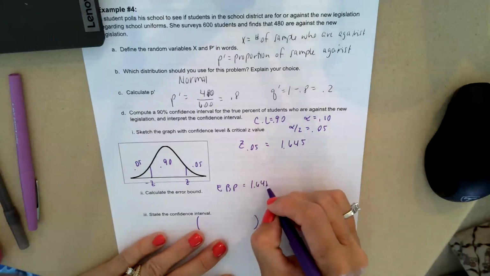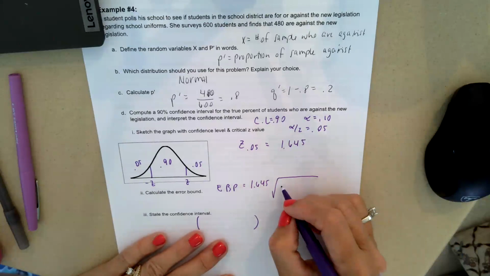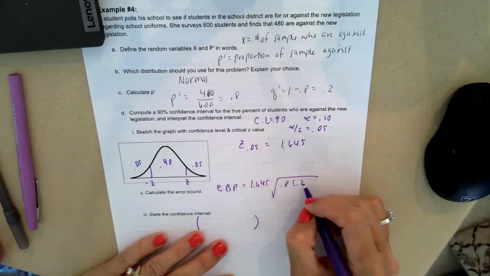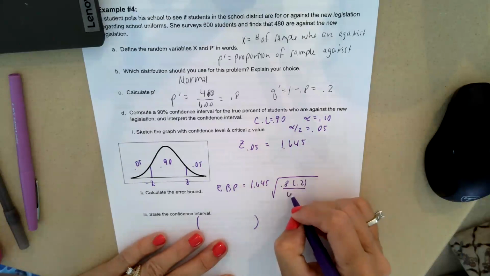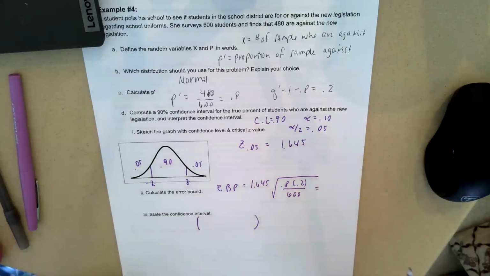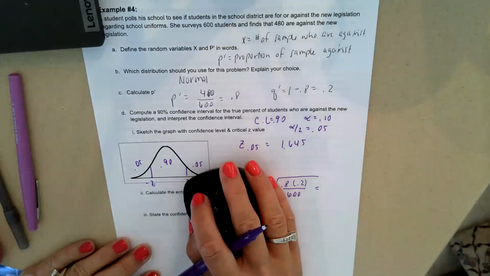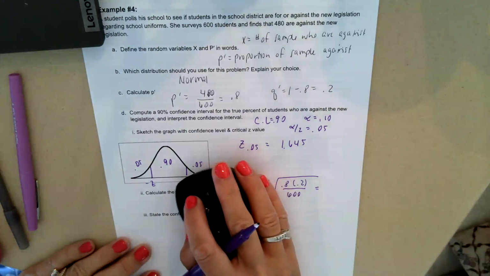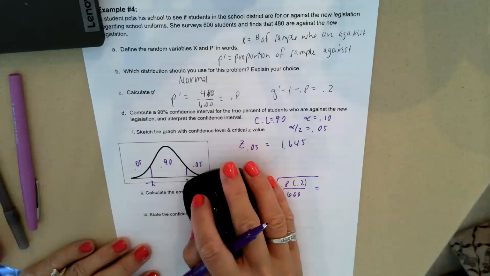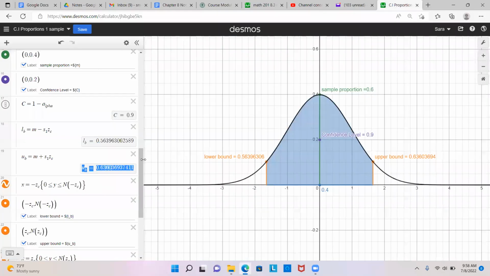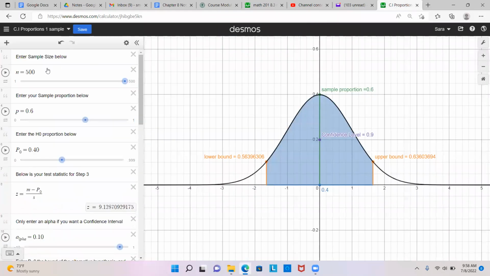So 1.645 times the square root of 0.8 times 0.2 over 600. So let's go to Desmos. Let's just go right to this program here, and let's just do this one first this time.